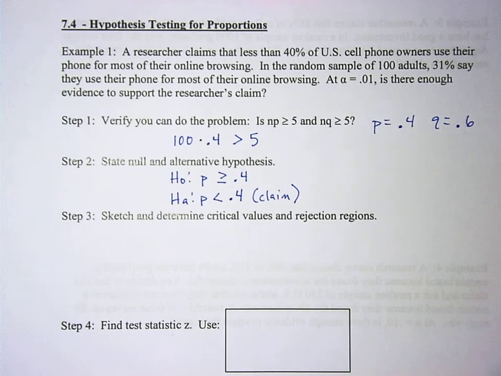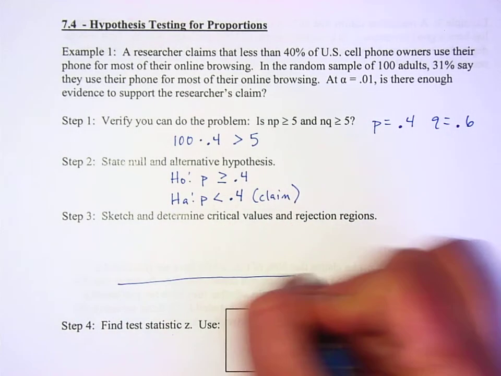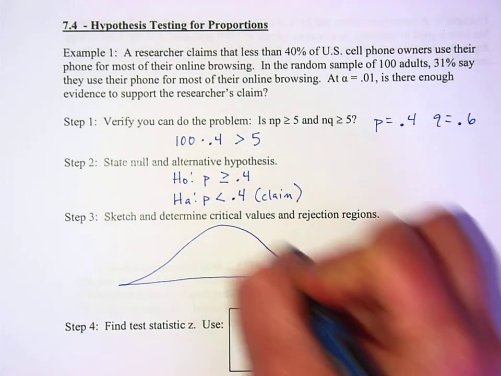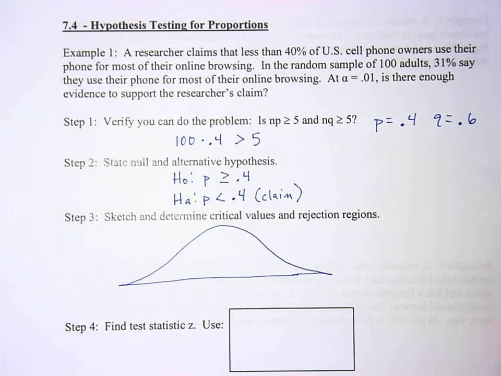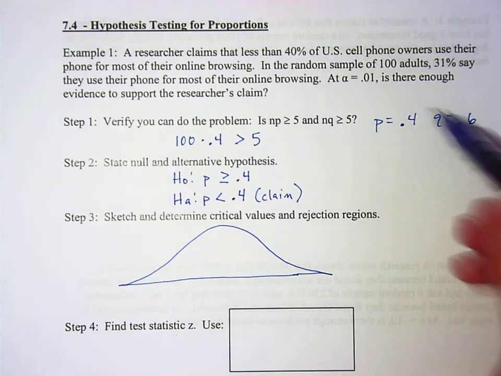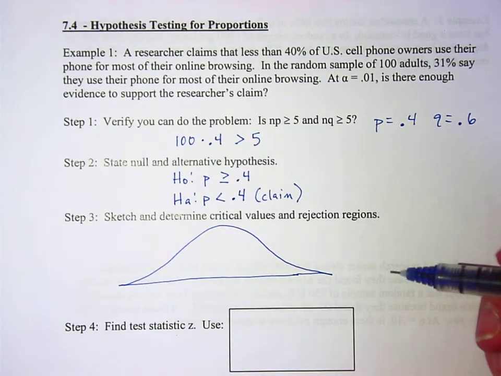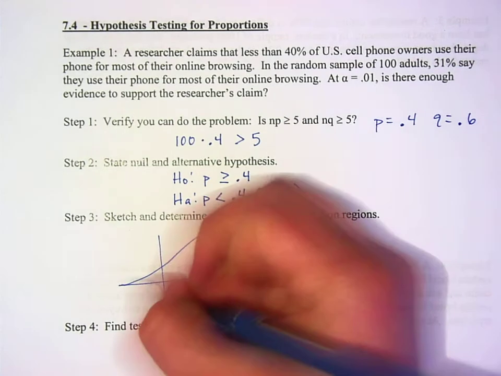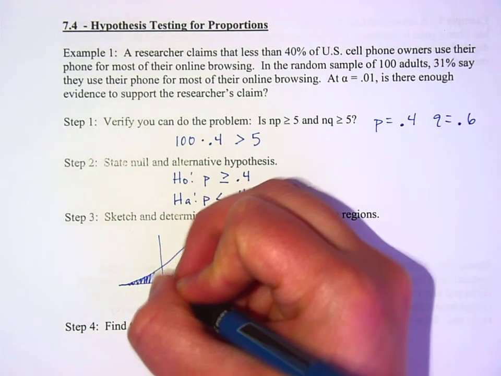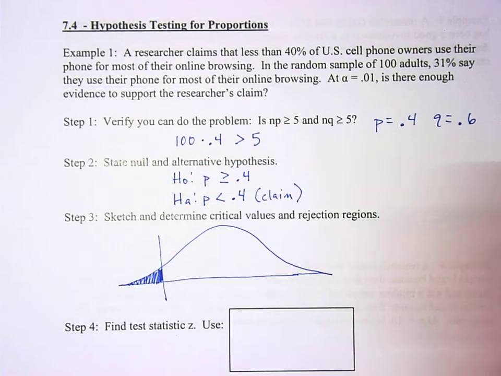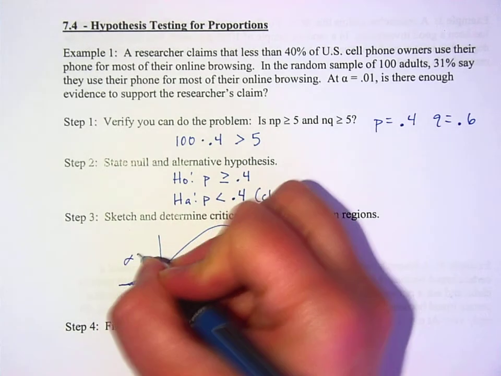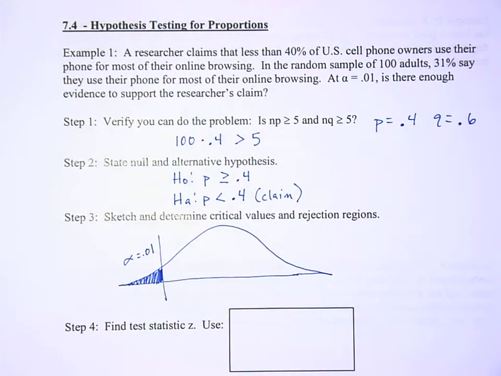Sketch and determine critical values and rejection regions. Okay. So what kind of test is this? Left-tailed, right-tailed, two-tailed? Left-tailed. And alpha is 0.01. Remember, that's our willingness to have an error.